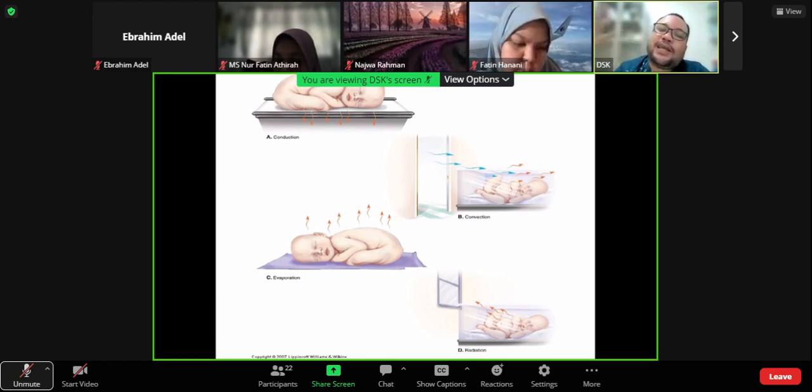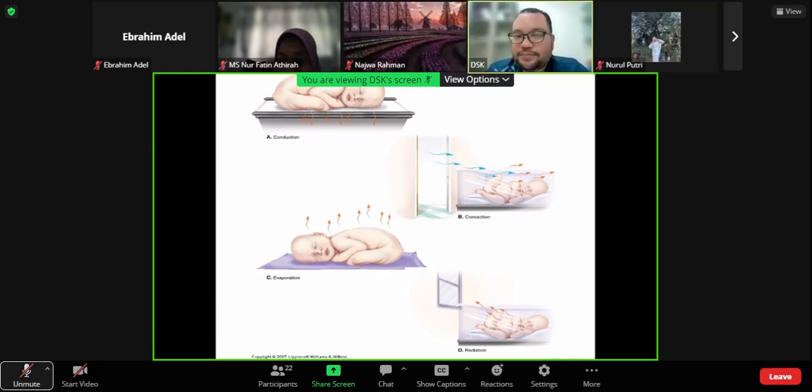So more internal heat is generated. That is why ideally we don't want to introduce something cold. So this is how you go. We want evaporation. That is why in newborn babies, we put them under a radiant warmer, on a warm linen, and we dry the baby to reduce evaporation.